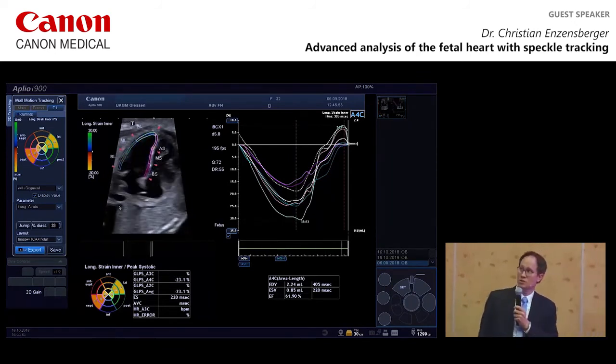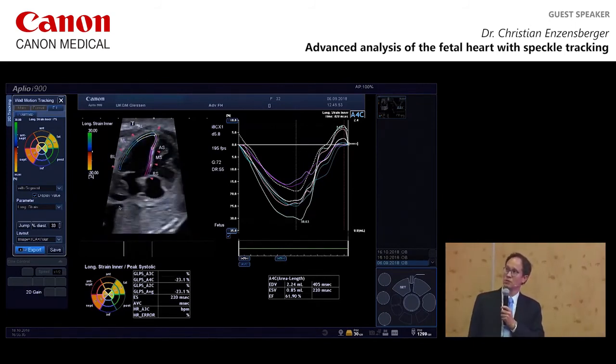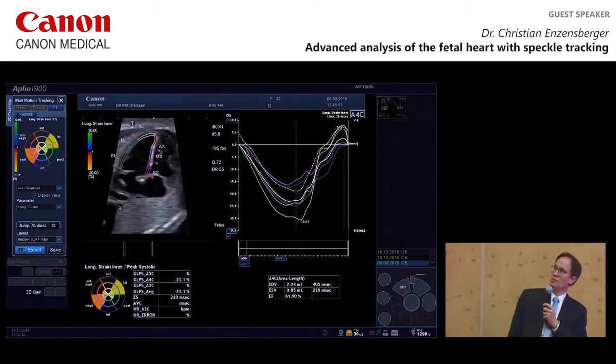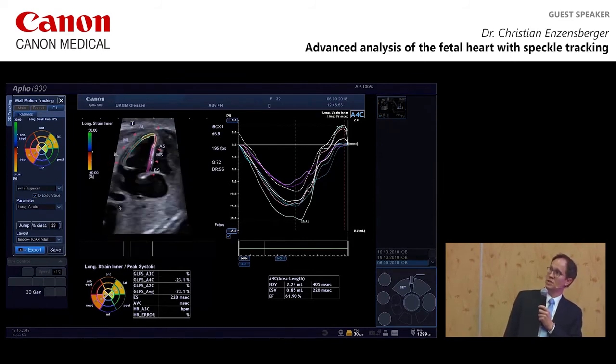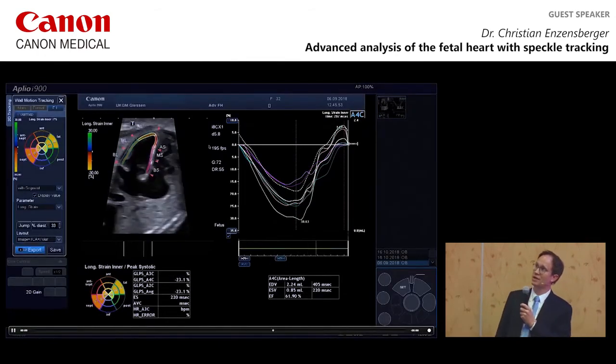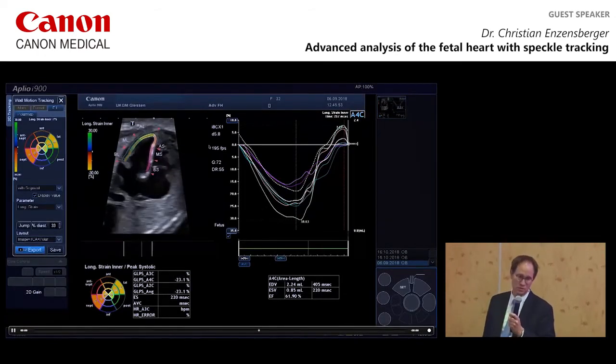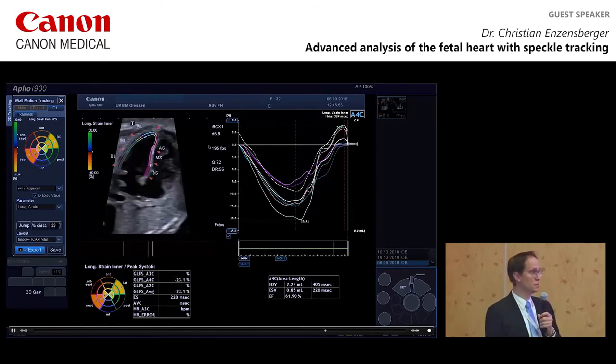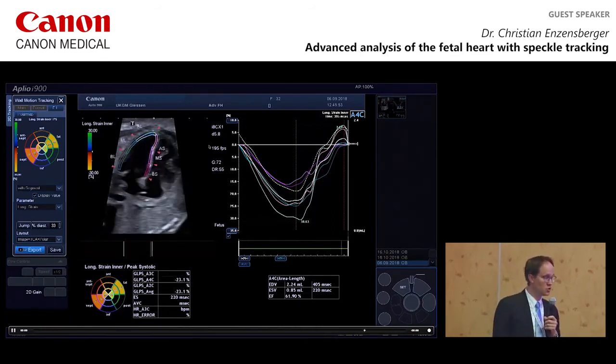So we just tried to use this because of the possibility of very high frame rates. In this case you can see again here 195 frames per second. You have to keep in mind this is at the beginning of 30 weeks of gestation.